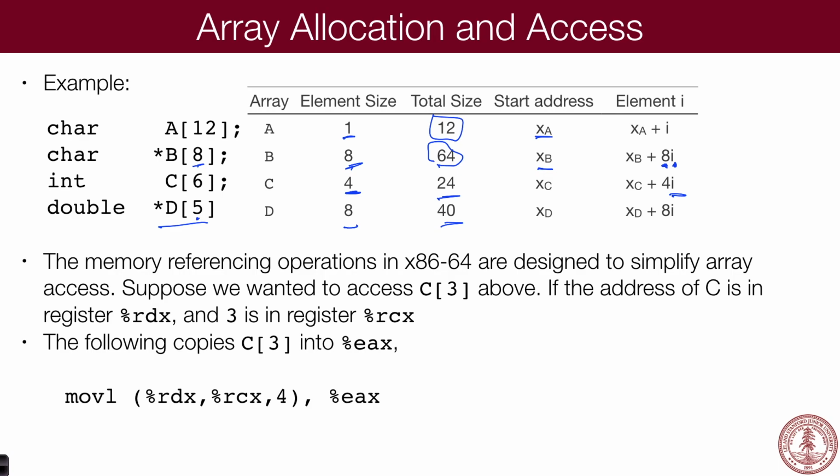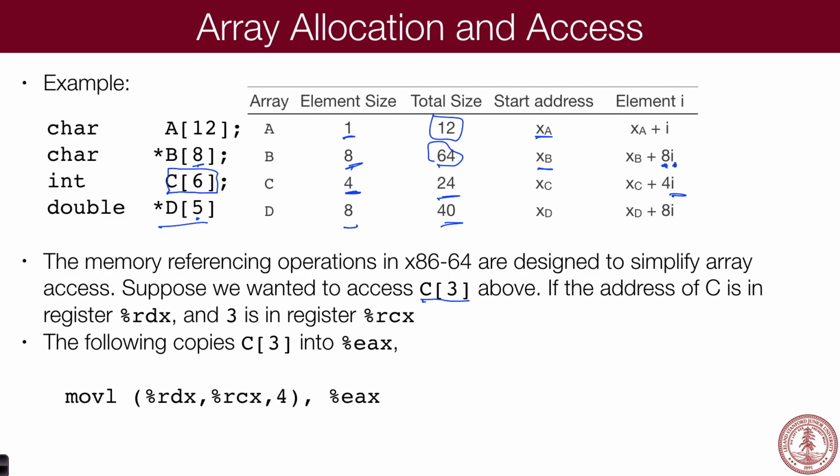So the memory addressing, remember, we've got all those cool memory addressing operations that we talked about way back on the first day of assembly that you've grown to love now, that allow us to do all sorts of cool array indexing. So if we wanted to access C[3] above, well, let's see. C is an integer array.